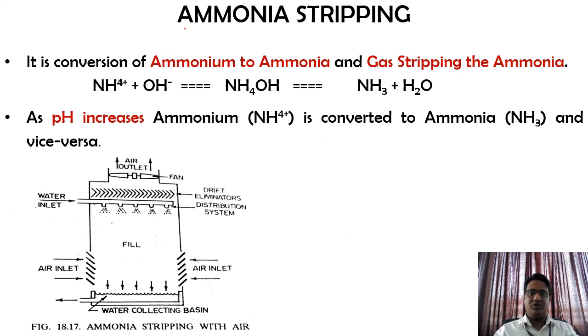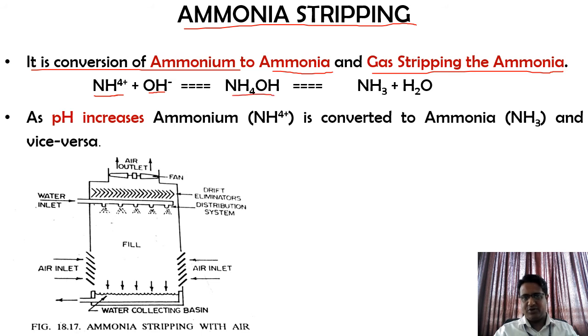The last one is ammonia stripping. That is the conversion of ammonium into ammonia and gas stripping the ammonia. So one more way of removing the nitrogen is ammonia stripping, where ammonium NH4+ will react with hydroxyl to form ammonium hydroxide, which will again form ammonia gas and water.